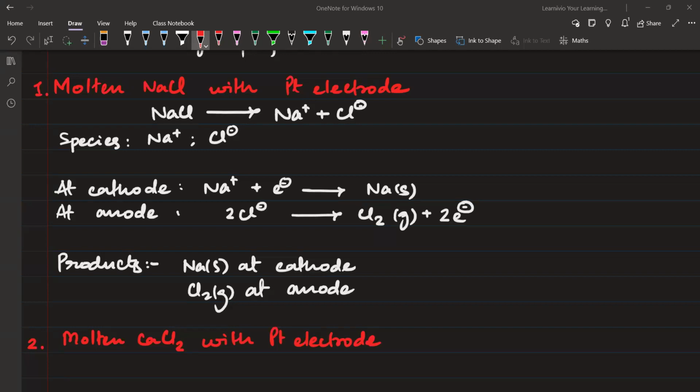Now what you have? You have calcium 2 positive, and you have chloride ion. You don't have Cl2, right, Zaina? You don't have chlorine gas. Do you have calcium solid? Tell me. Do you have calcium or you have calcium ion? No, you don't have calcium solid. Where do you have calcium solid?